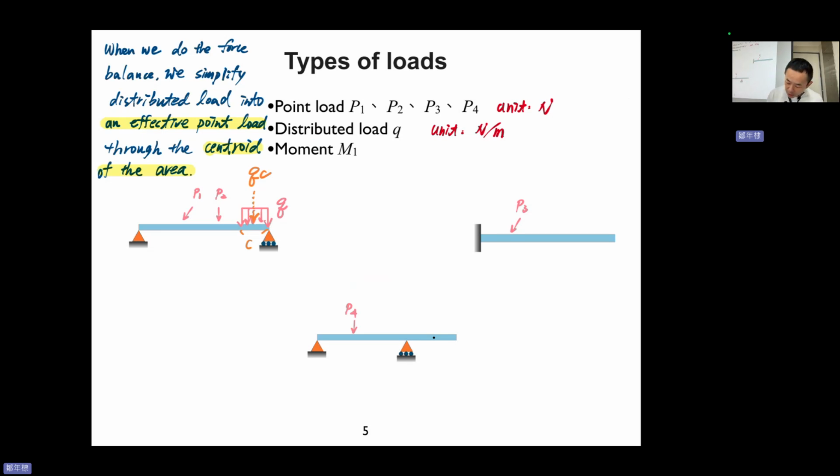You see here, this is a distributed load, and then we simplify it into QC, an effective load, and the position will be located at the centroid of this area. So the point load here acts at half C. All right, this is really important.